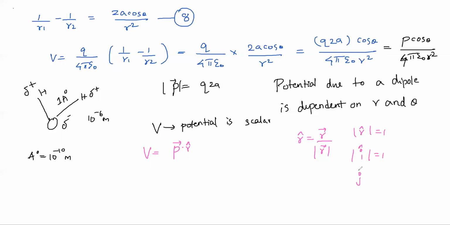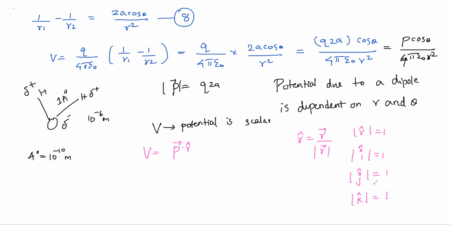For the y-axis, you keep j cap, and the magnitude of j is 1. For the z-axis, it is k cap, and its magnitude is 1. These are vectors which show you directions. Using i, j and k as basis, you can consider a coordinate system and draw anything. Okay, let's come to our point.